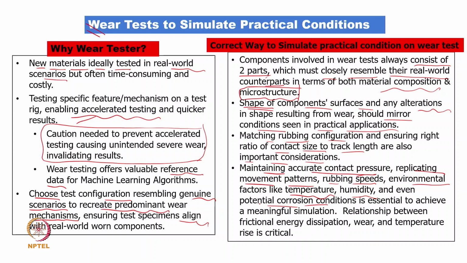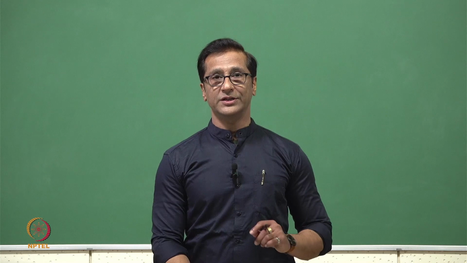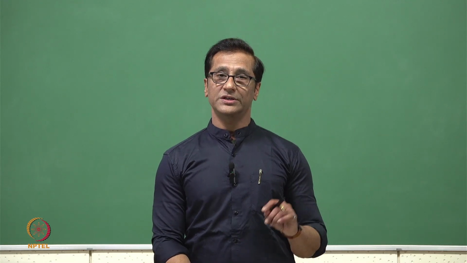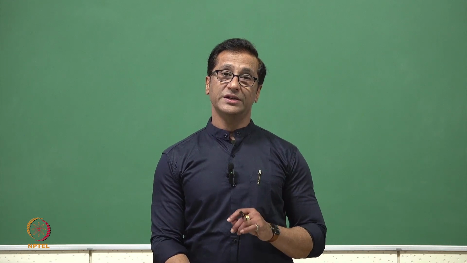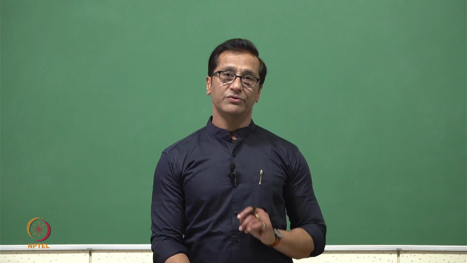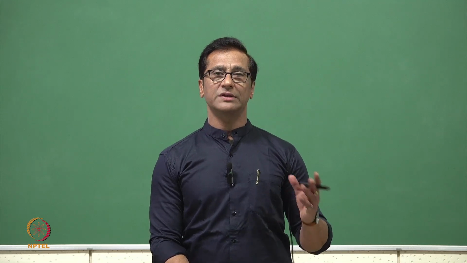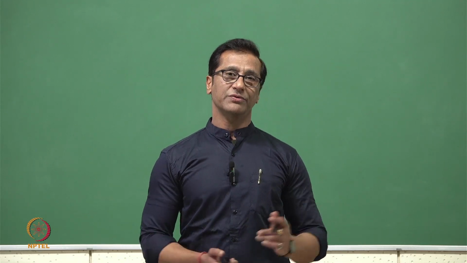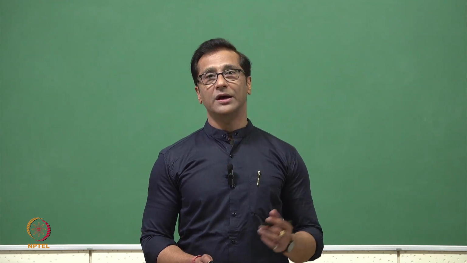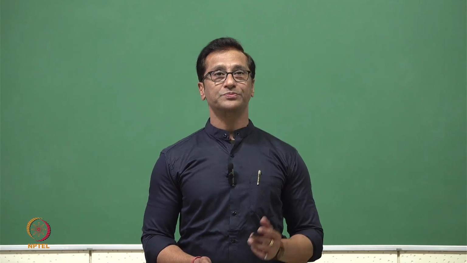If possible, although it is very difficult, we should figure out the relationship between frictional energy dissipation, wear and temperature rise. That means we need to know the real relation between how much friction is generating heat, how the heat is getting dissipated, and how wear is happening. Even though it is very difficult, if we have it, it will give us a perfect simulation condition, and we should test those things on a tribometer.